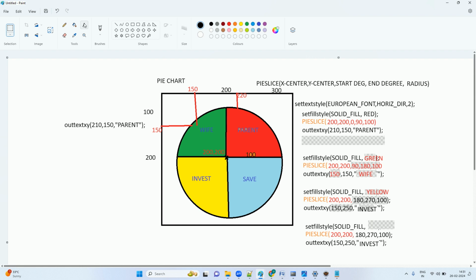And what are the coordinates now? Yes, tell me. 270, 360. This is 0. Okay. 270, 360. Radius remains the same.